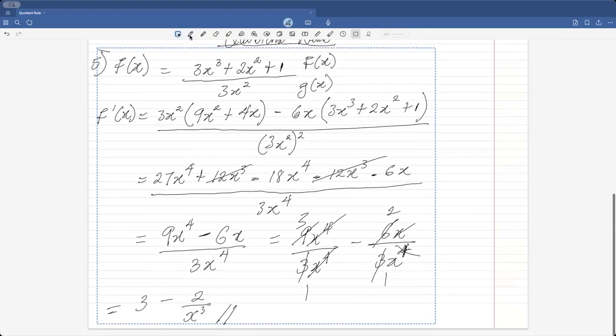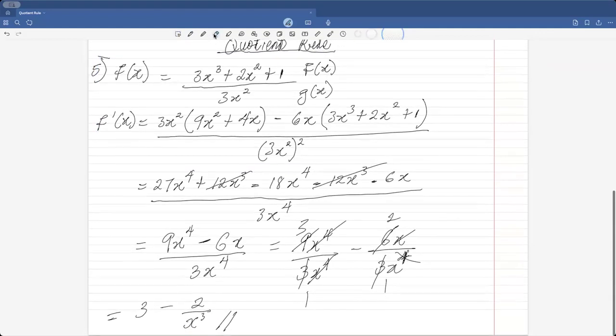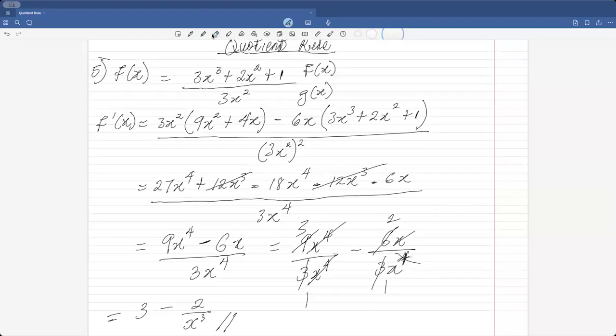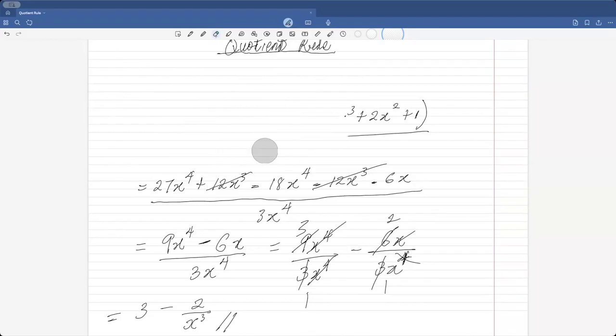And you need to be very, very careful when it comes to dealing with negative signs, because it can make the whole of the expression wrong. So just be careful with your negative signs, okay? So let's see some exercise here.